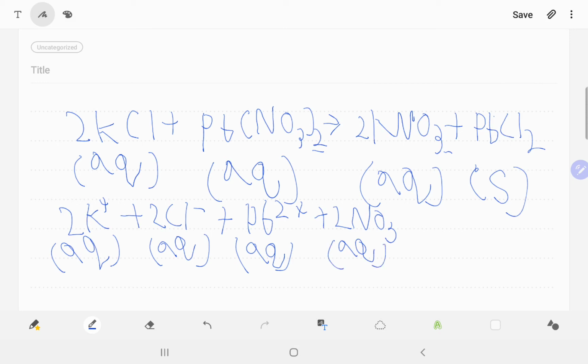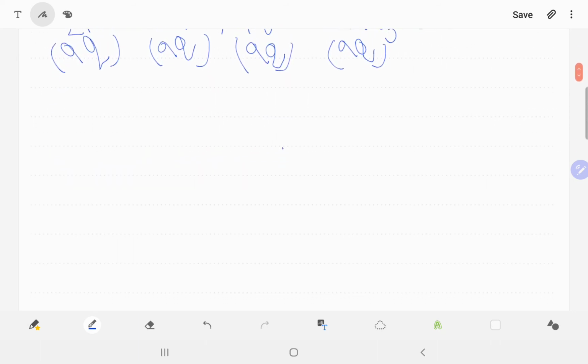And then you would move to the other side. So the other side is 2K plus aqueous.